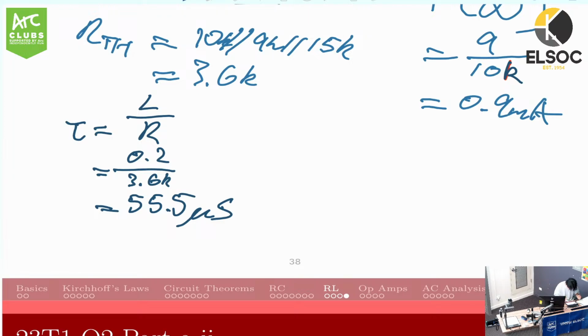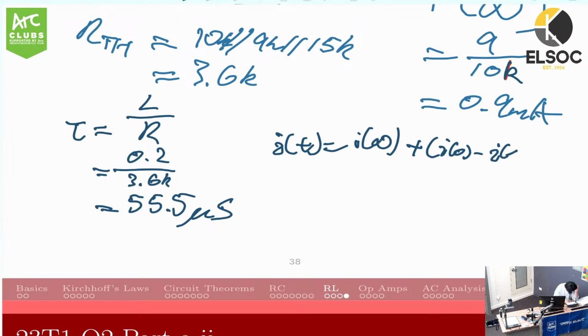Okay. Now we can put everything into our equation. So, I might just write it out again. I(t) is equal to I infinity plus (I0 minus I infinity) e to the power of negative t on tau.